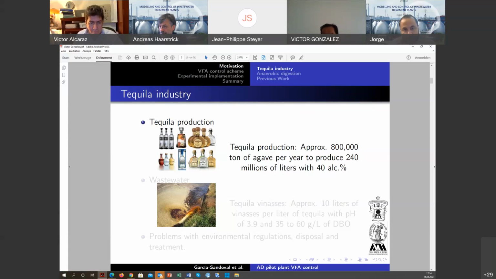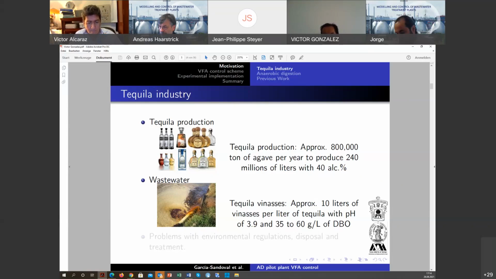per year. But the problem here is that for each liter of tequila produced, tequila factories generate 10 liters of vinasses, or wastewater, that are extremely pollutant.